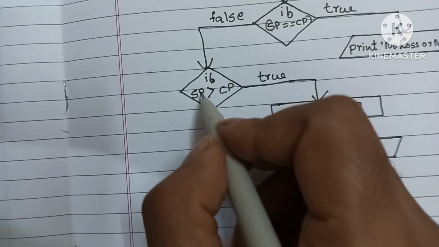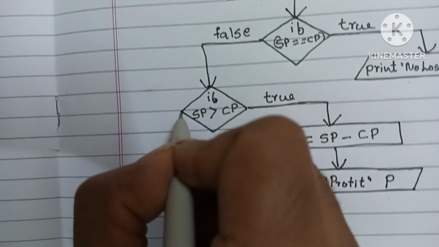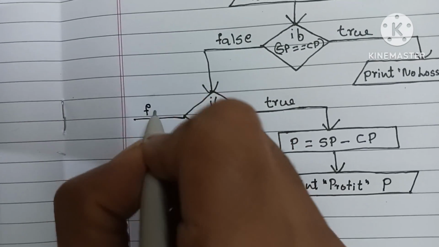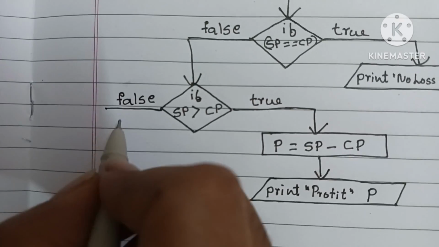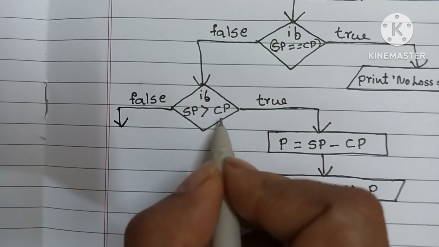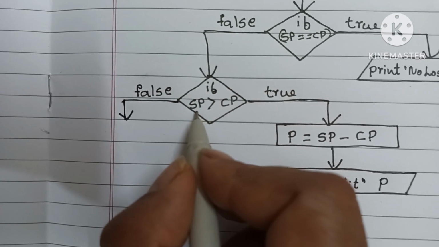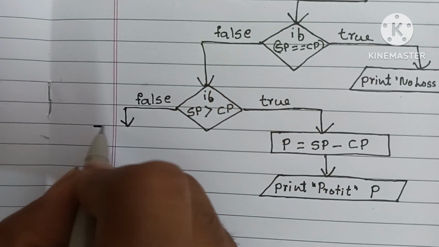Next, if selling price greater than cost price, if this condition is false, we got loss, right? If cost price is greater than selling price, we got loss.